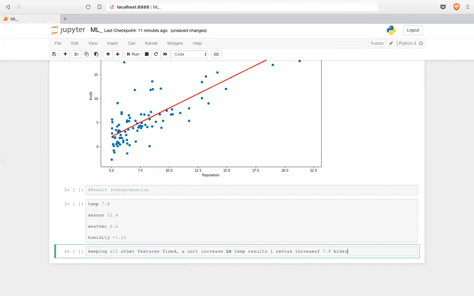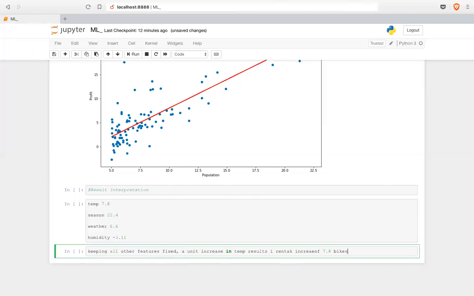So when you keep all of the features fixed, you don't change any of the other features. If the temperature increases by a unit value, then the number of bikes rented increases by a magnitude of 7.8. Similarly, for season, weather, humidity, how do you interpret it?